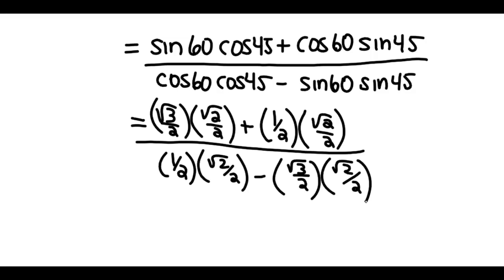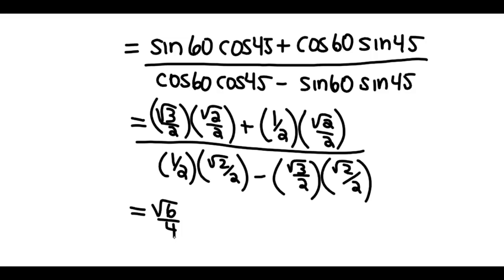So we're going root 3 times root 2 is root 6 over 4. We can't cross off because it's an addition and subtraction question. If there were no signs in between, and it was all multiplication, then you're good.